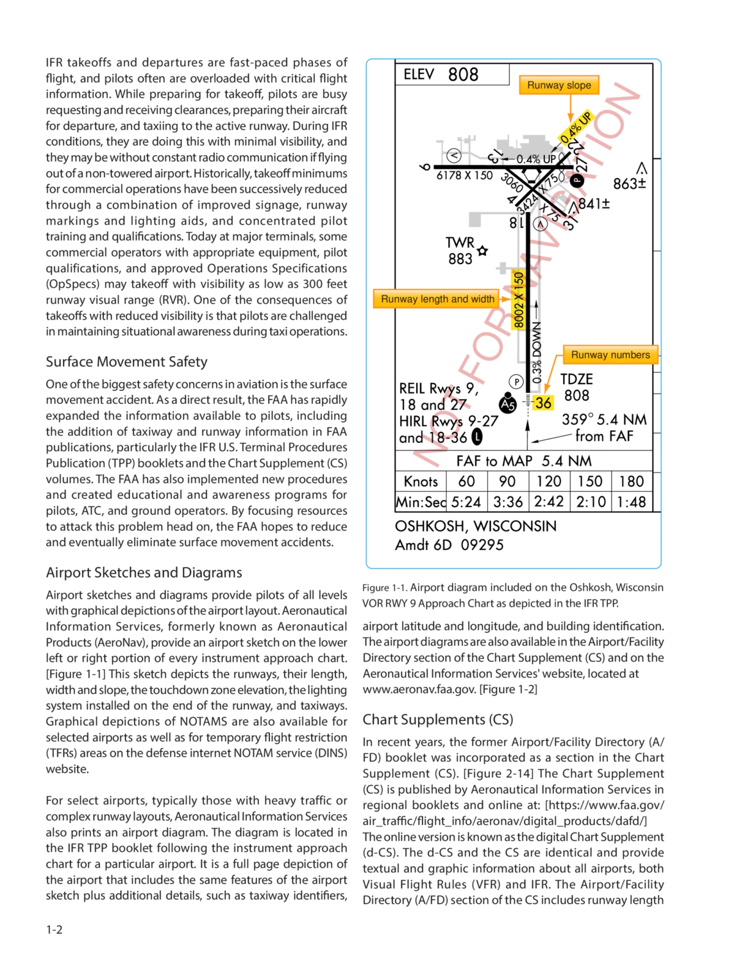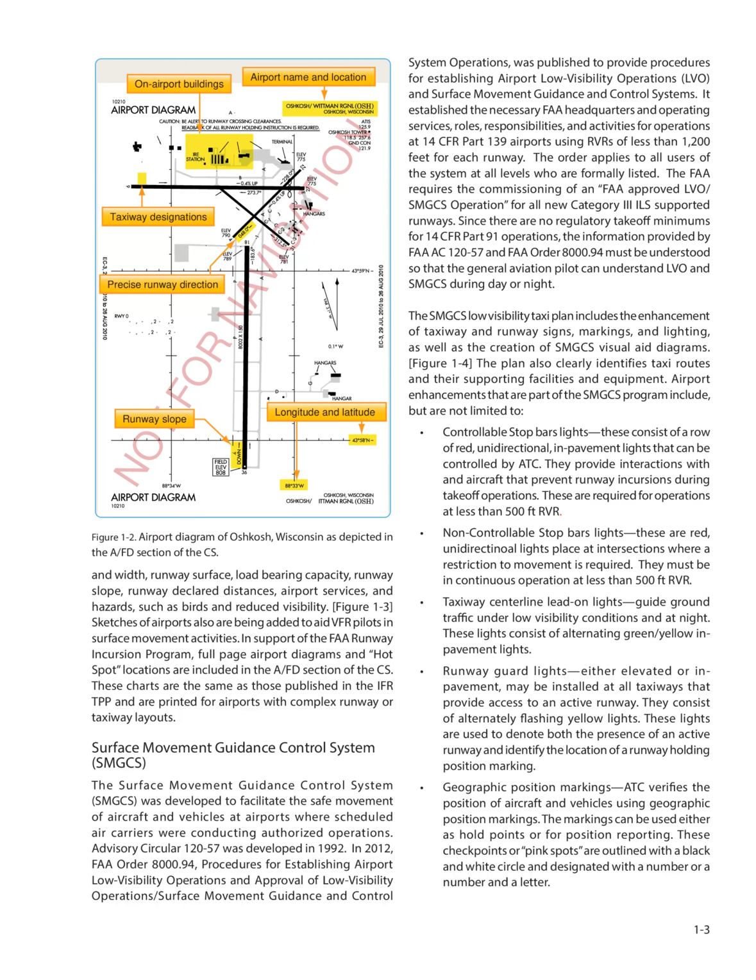The DCS and the CS are identical and provide textual and graphic information about all airports, both visual flight rules, VFR, and IFR. The Airport/Facility Directory, A/FD, section of the CS includes runway length and width, runway surface, load-bearing capacity, runway slope, runway declared distances, airport services, and hazards, such as birds and reduced visibility.